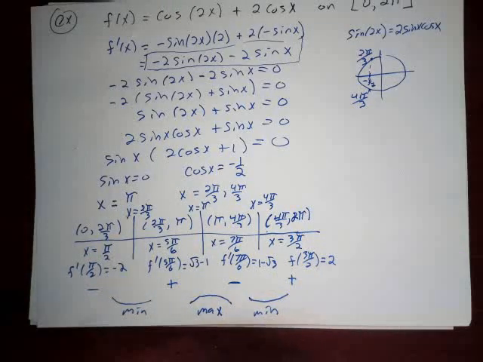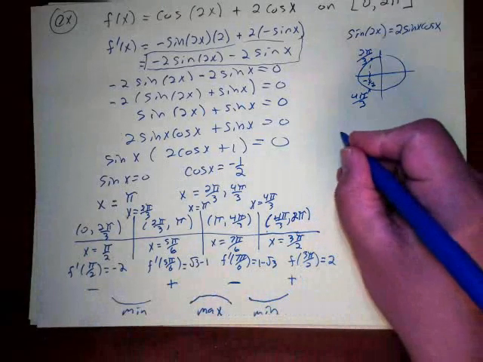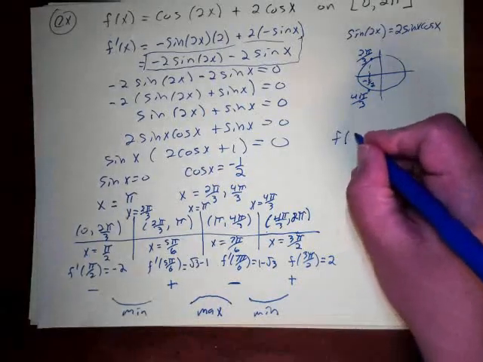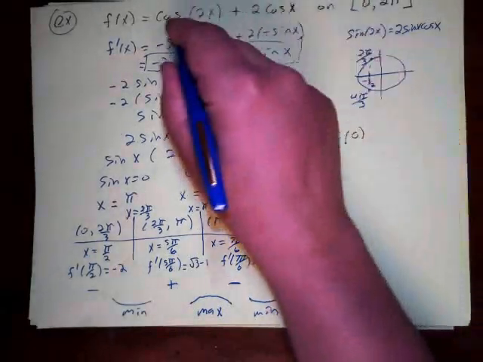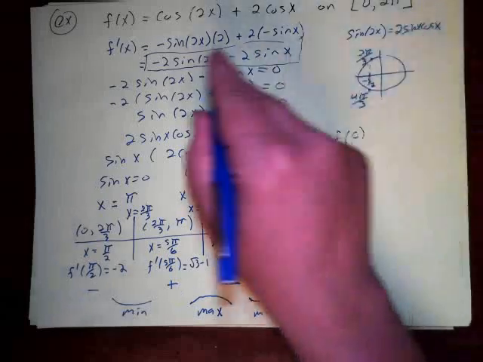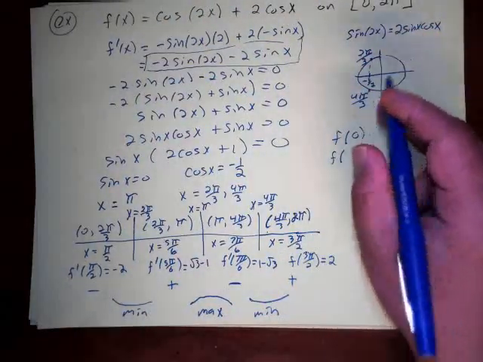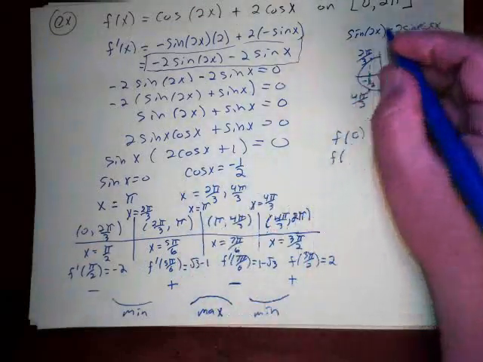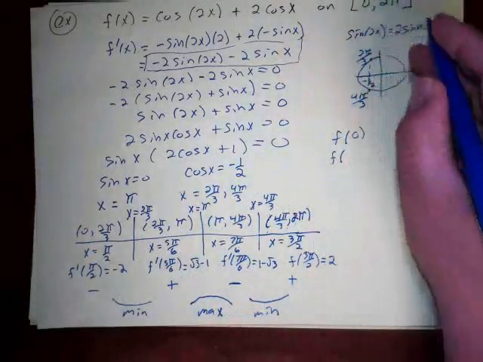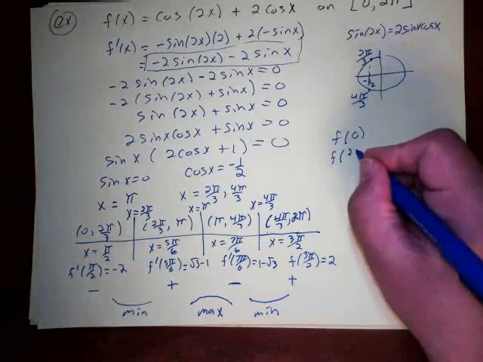And so finally, to determine the absolute, and these are the relative min and maxes, to determine the absolute min and max over these intervals, I have to do the original function now at each of the points. Not the derivative, but the original function at each of both the three critical points and the endpoints of the interval.